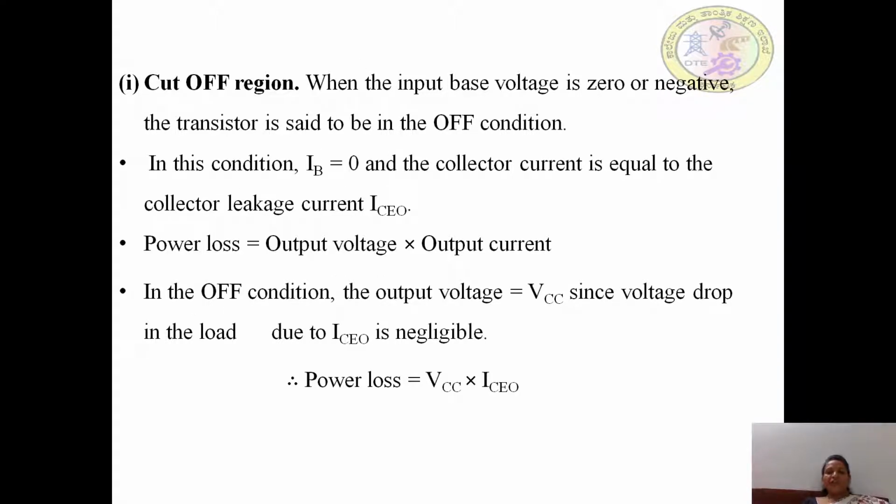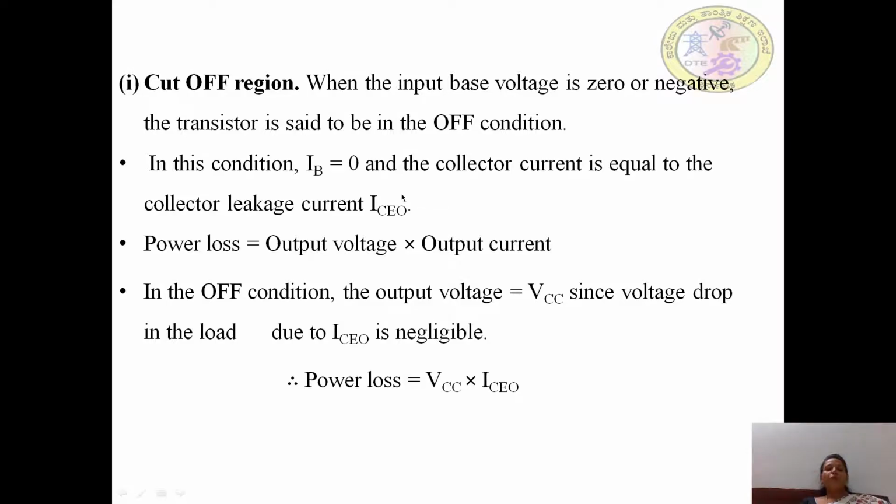So that's what we have here. In the cutoff region, when the input base voltage is 0 or negative, the transistor is said to be in off condition. In this condition, IB current is 0, but still there will be some small amount of collector current due to the minority charge carriers, that is given by ICEO.